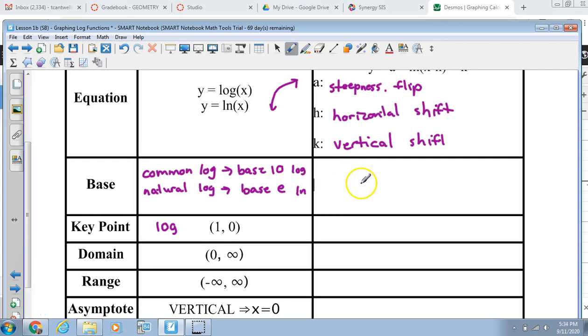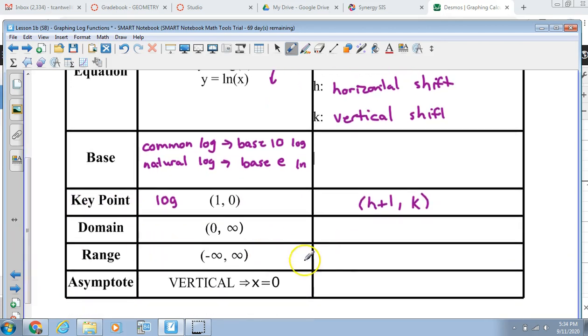Our bases here are the same. We could have the common log of base 10 or the natural log of base e. Our key point, once we're shifting from this point (1, 0). So this time our x's are being shifted over. So that's h plus 1 for our x coordinate, k for our y coordinate. And I'm going to go ahead and talk about our asymptote for just a moment.